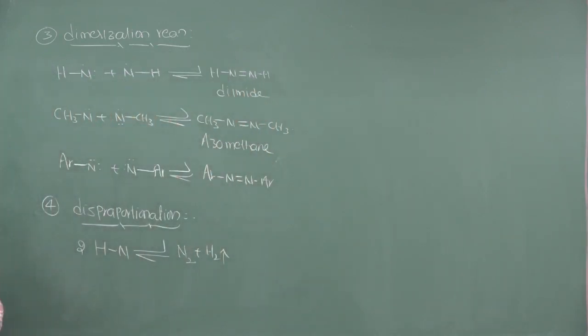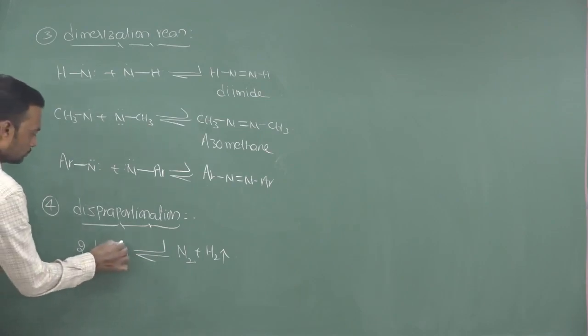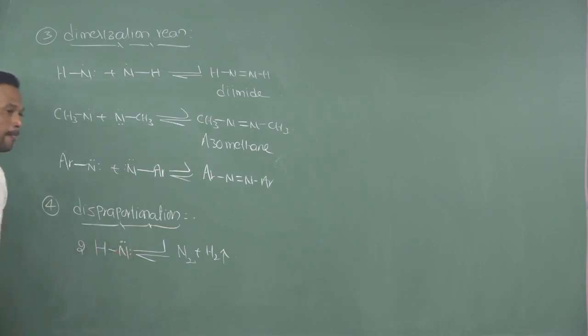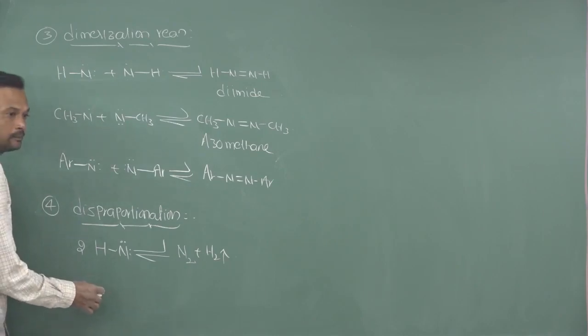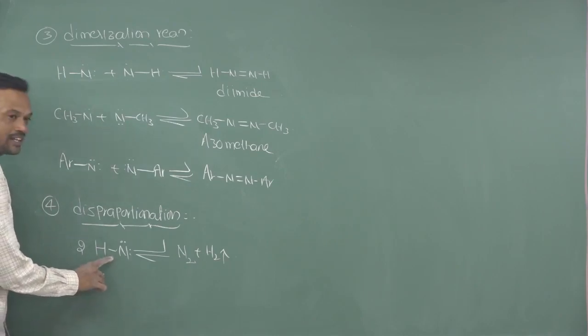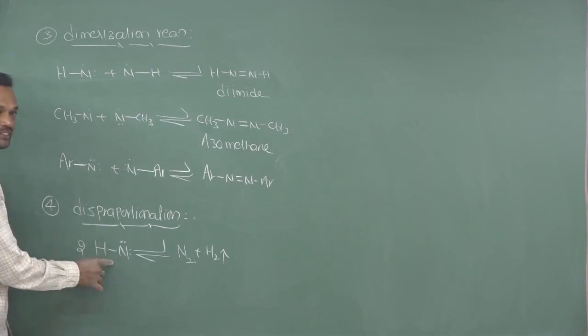So cycloaddition, insertion, one more is dimerization, and at last disproportionation reactions, which are common reactions for nitrene. So what is the valency of nitrene? Here how many bonds are written? One bond, only one.